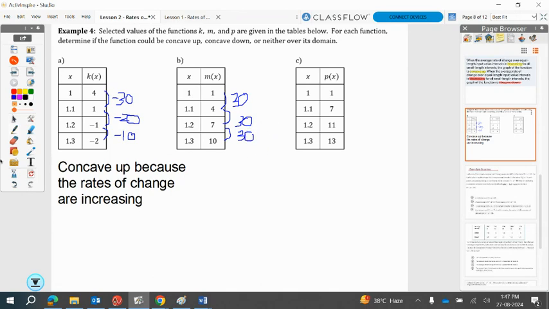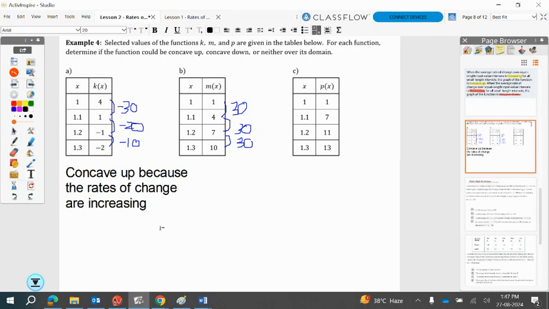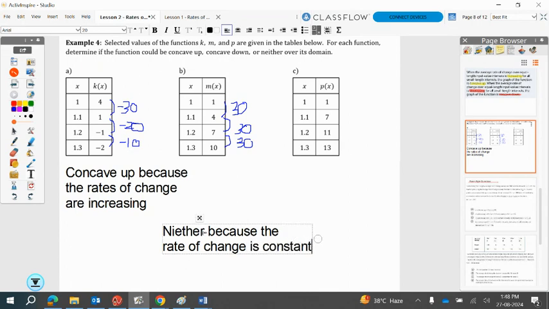That one's going to give us 30. So this one is neither. It's neither concave up nor concave down, because the rate of change is constant.